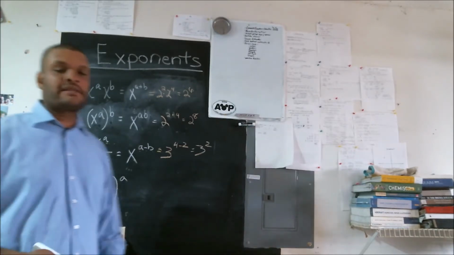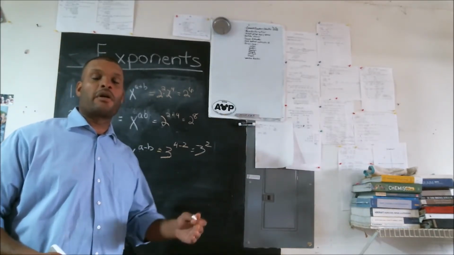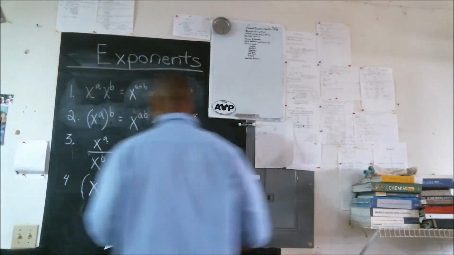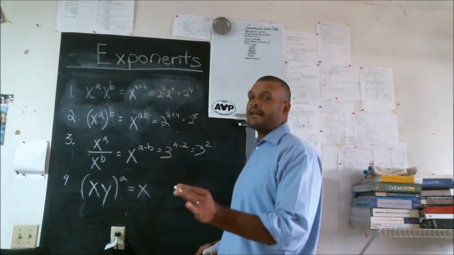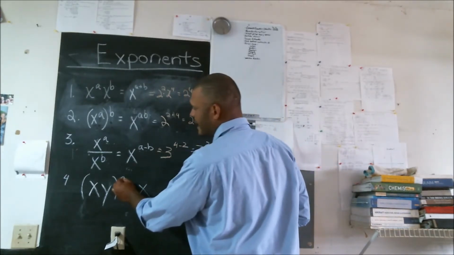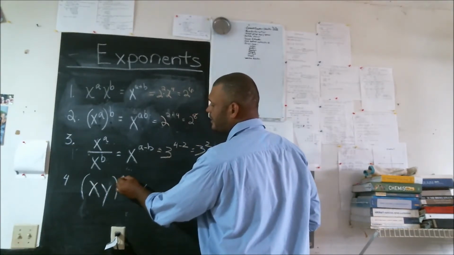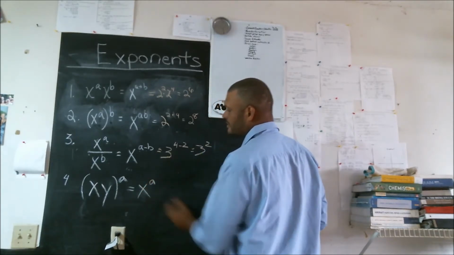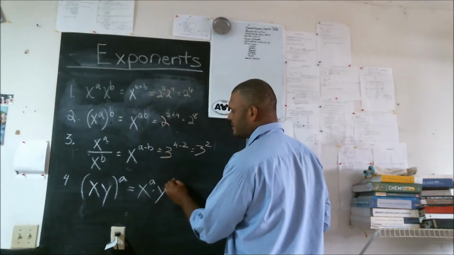What we want to pay attention to again is the grouping and exponents, and we want to go in order of the order of operations. This is a really simple thing also. We have to use the distributive property of multiplication for that, so we'll do x to the a power times y to the a power.